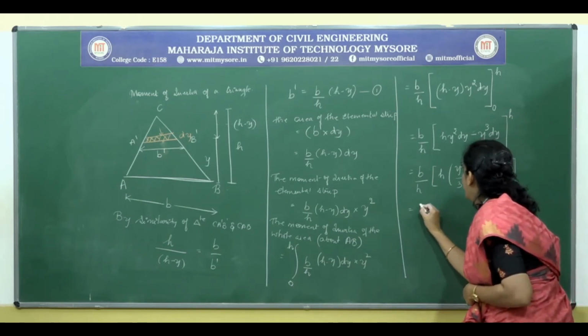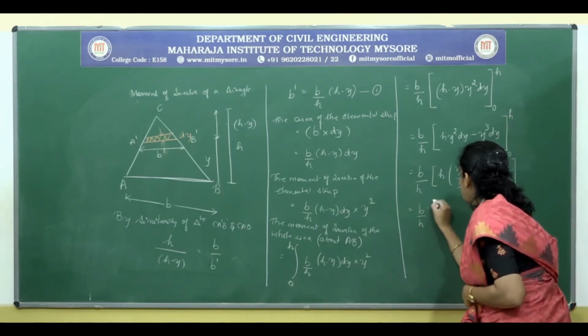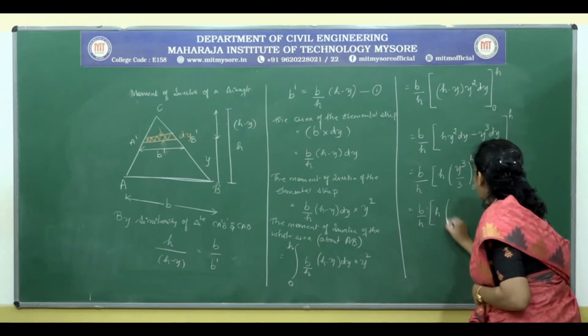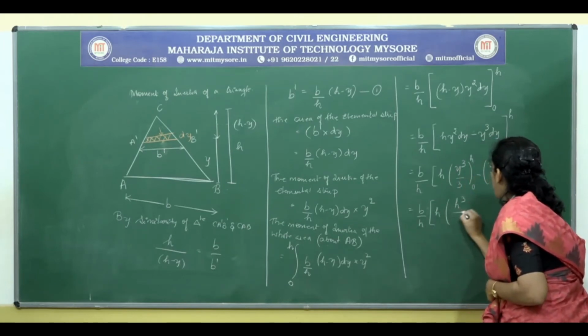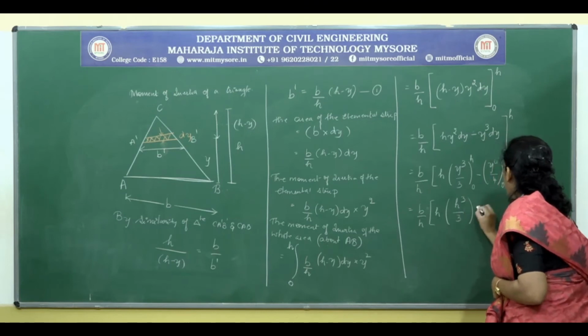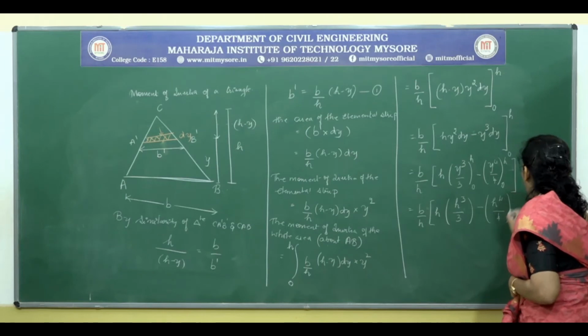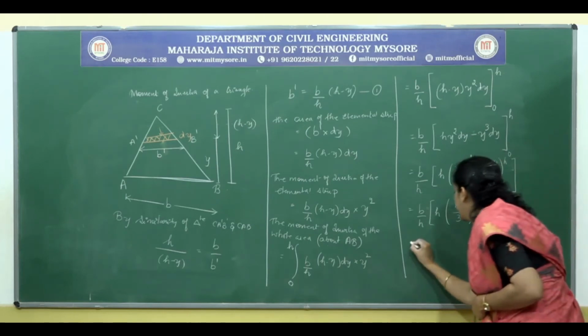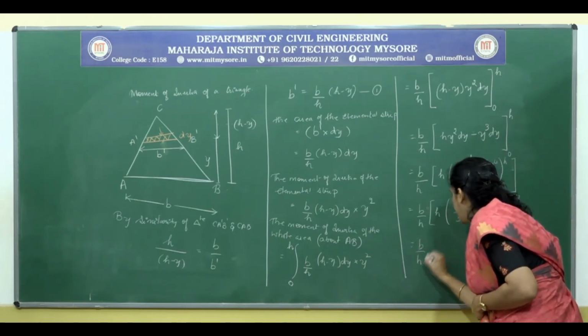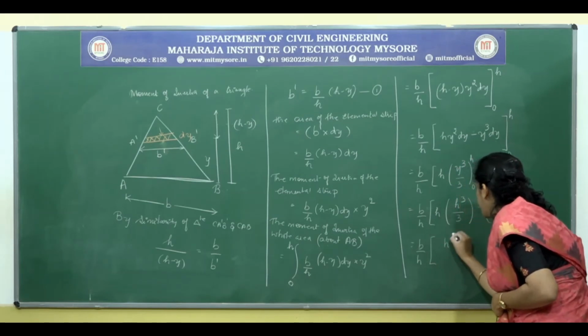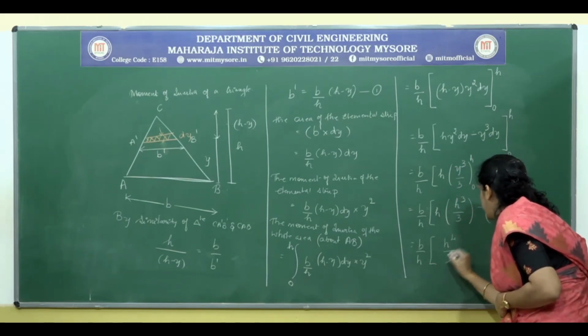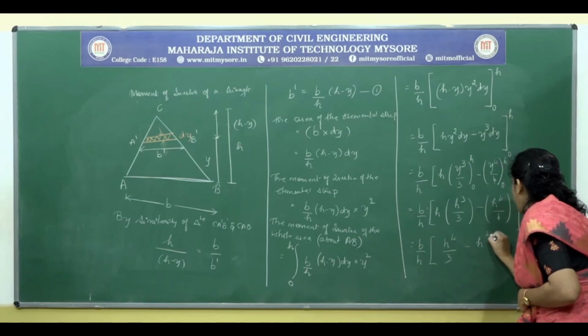So now we get B by h into h cube by 3 minus h to the power of 4 by 4. Therefore, B by h into h to the power of 4 by 3 minus h to the power of 4 by 4.